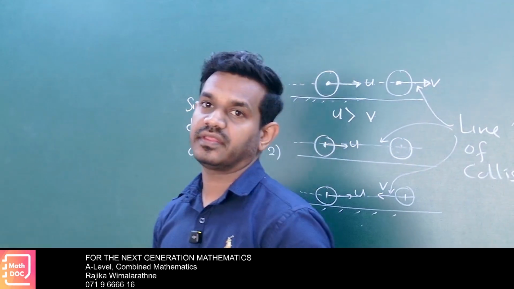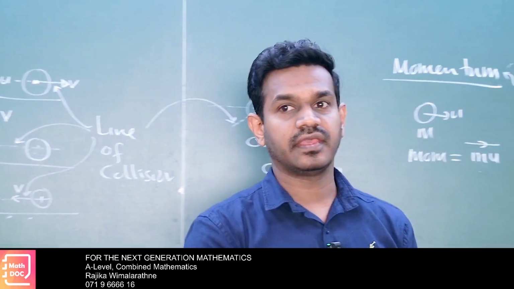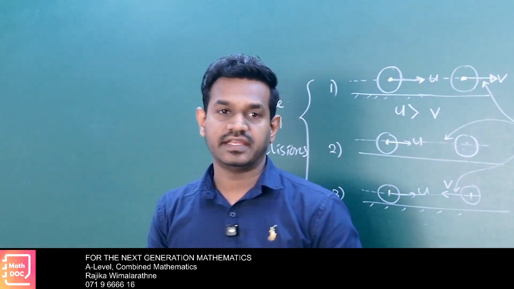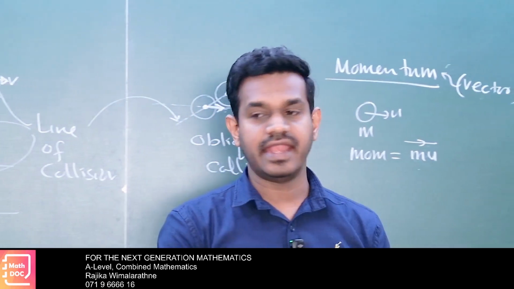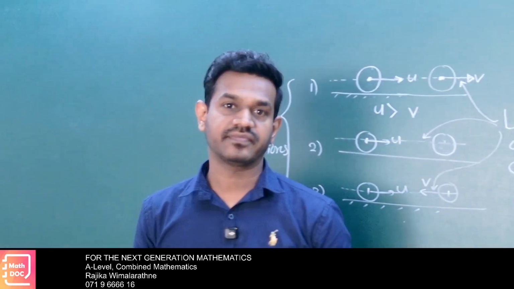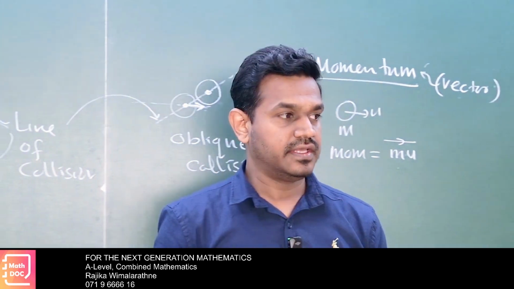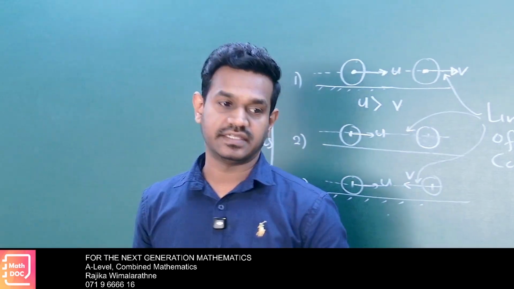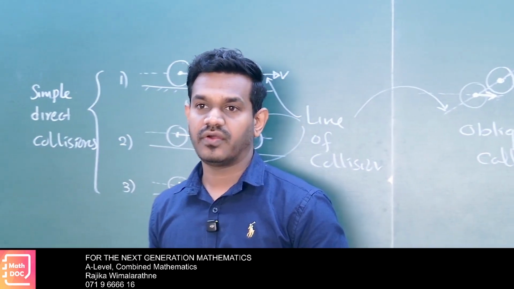When the velocities of the spheres are along the center joining line and they collide together, the collision is said to be direct collision or direct impact.